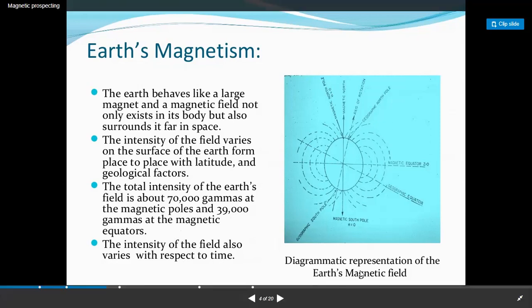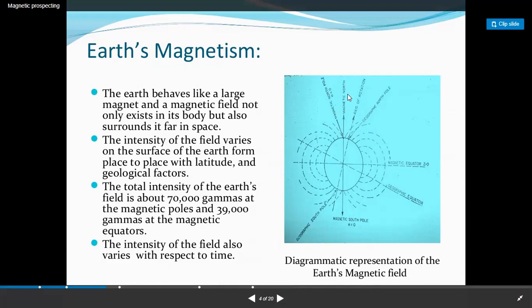Here, guys, is the diagrammatic representation of the Earth's magnetic field. Geographic South Pole. This is the magnetic equator. This is the geographic equator. This is the magnetic North Pole, and the magnetic South Pole. Axis of rotation. Here, geographic North Pole. From this figure, we learn much more.